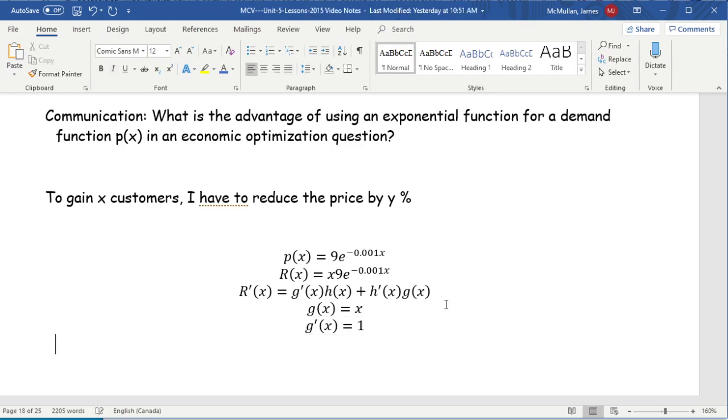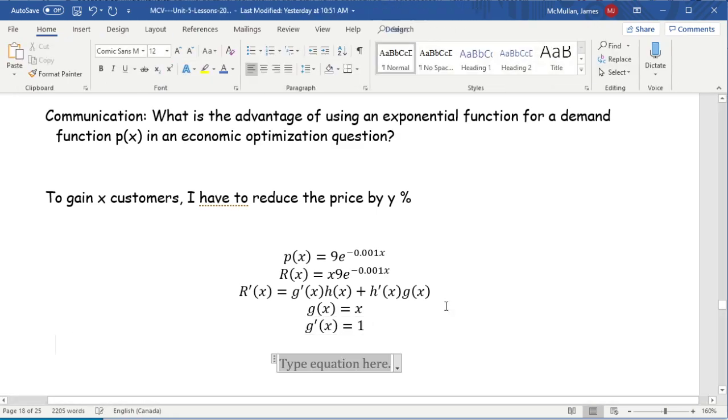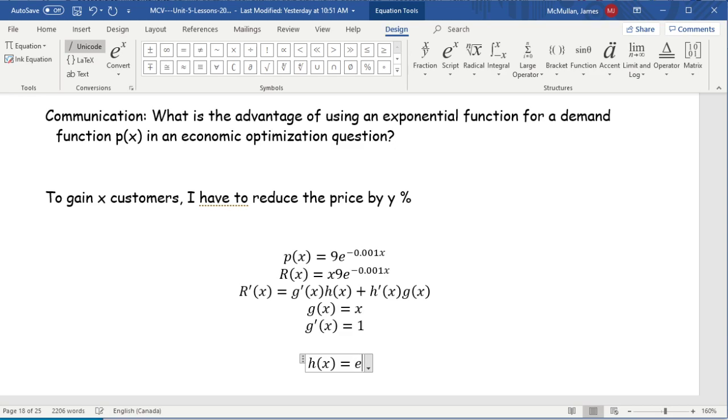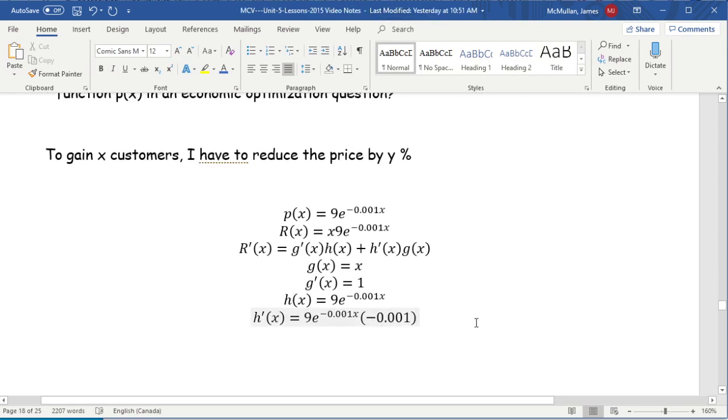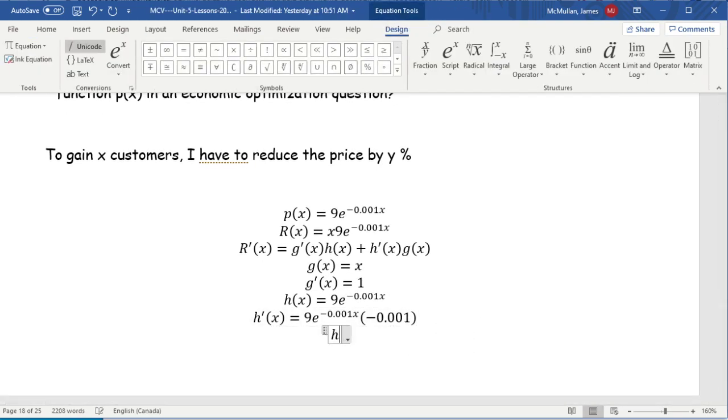Now the other function is actually our demand function, so I could have called it p, I suppose, but anyway. h of x is 9e to the negative 0.001x, and therefore h prime is, let's copy it out, 9e to the negative 0.001x, multiplied by the correction factor. We're working with e, so we don't need a correction factor, and then multiply by the derivative of the exponent, which gives 0.001. We can make this simpler if we say h prime is equal to negative 0.009e to the power of negative 0.001x.